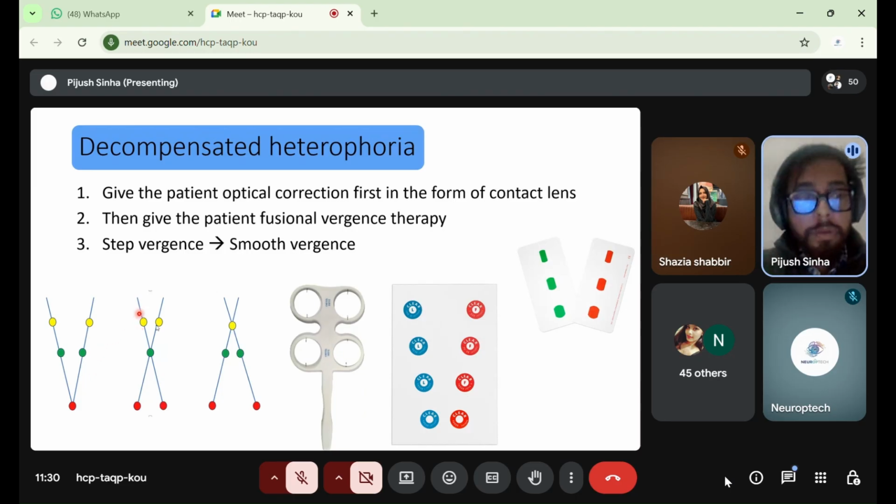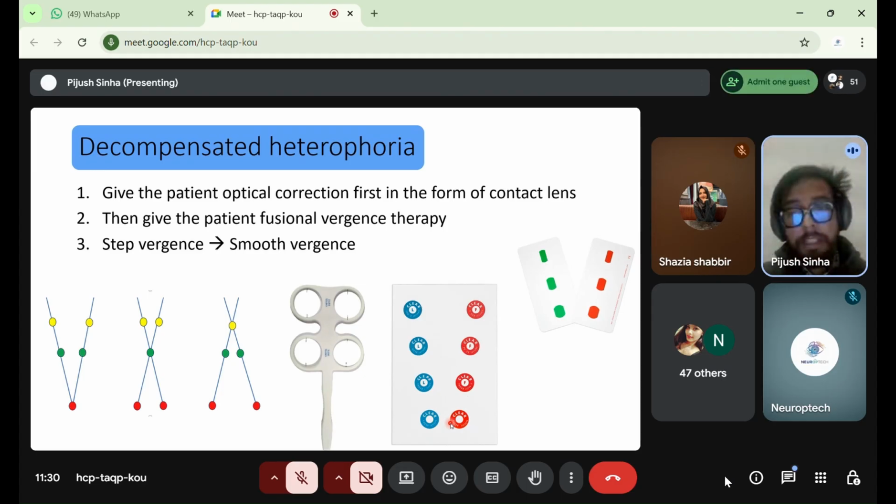For the versions you can give the Brock string exercises also, or you can give accommodative flipper. I prefer to give this versions therapy as in-office therapy with lifesaver card and barrel cards. These also depend on the patient's severity level, like how severe the corneal or vergence anomaly is.